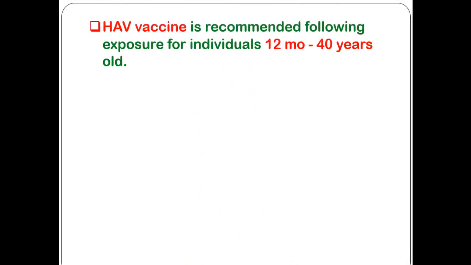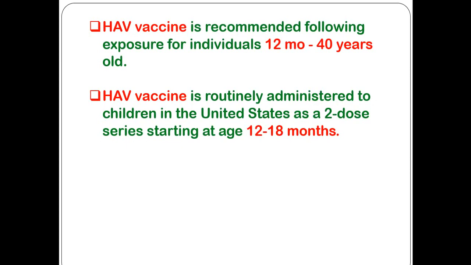But of course, we don't have in our practice passive immunization for patients with hepatitis A virus. And of course, the vaccine is not available, but we have to know it. Hepatitis A vaccine is recommended following exposure for individuals from 12 months to 14 years old.